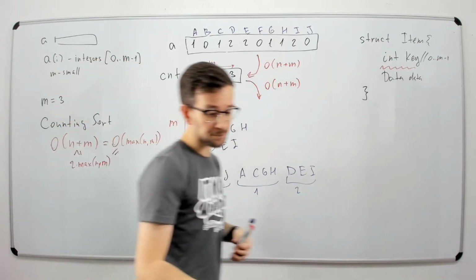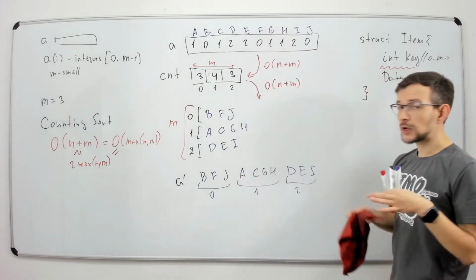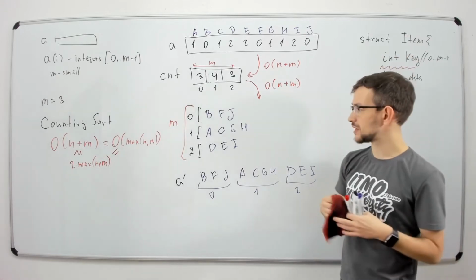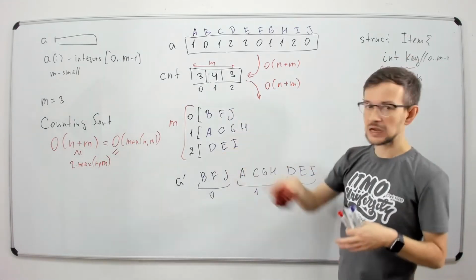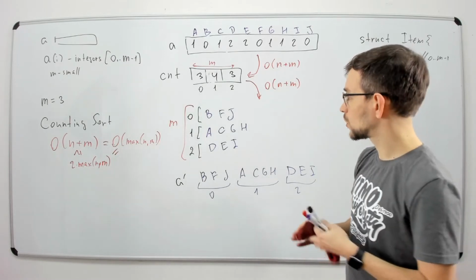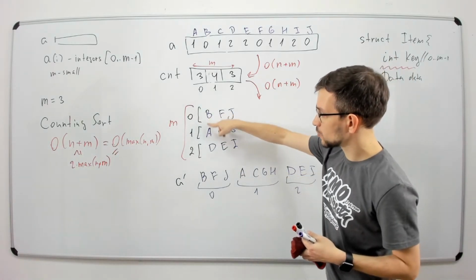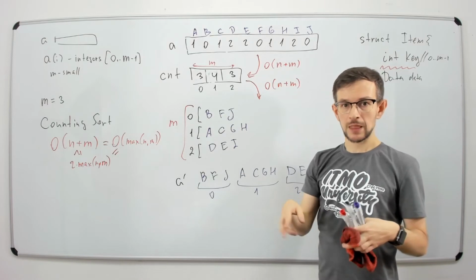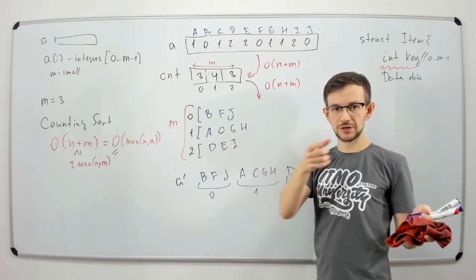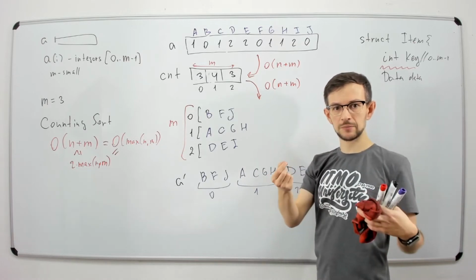But actually, we can do it even simpler. So how to do the same thing without creating m different arrays? We can do it in one way. So instead of creating m different arrays, we can split the final array into m segments and use these segments as m buckets.